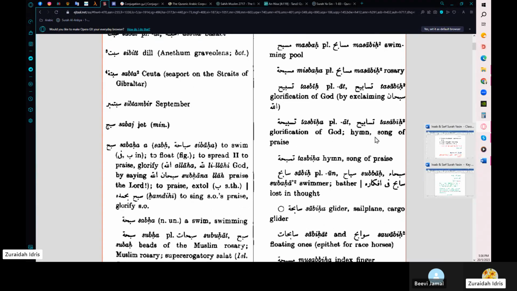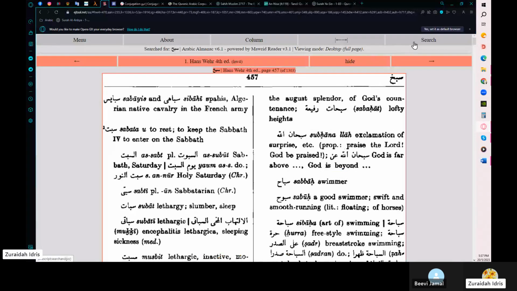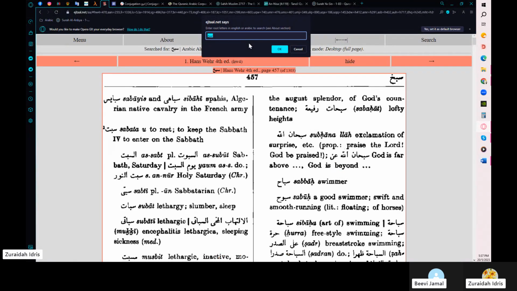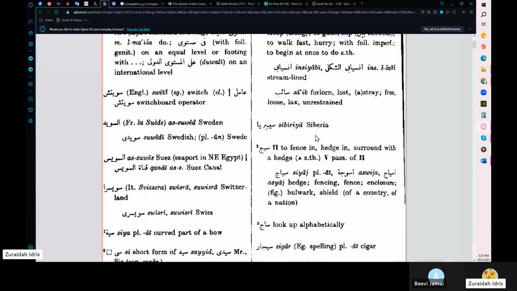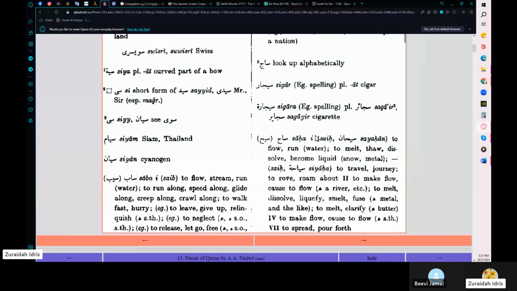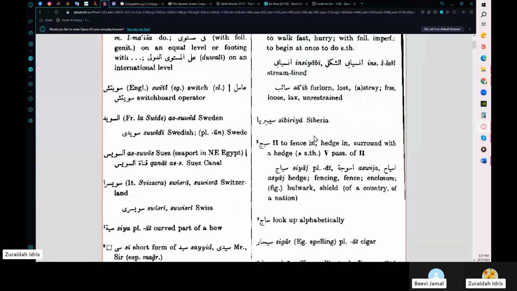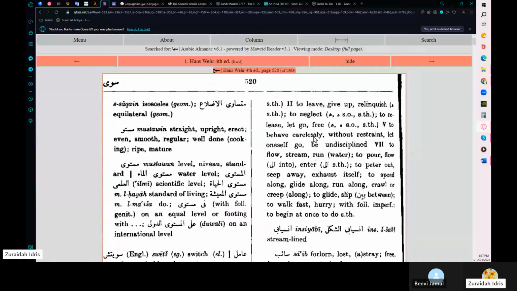So now we look at shay. What were the root letters for shay? Shin, ya, hamza. Here we go. Did I get that right? Do I need to write hamza or is it alif?